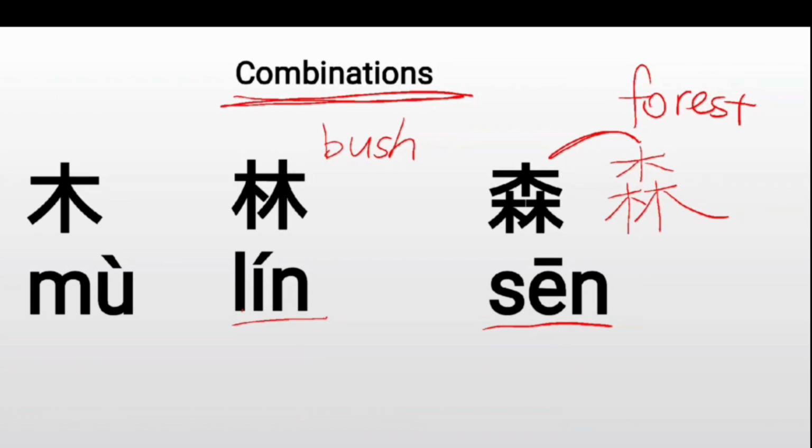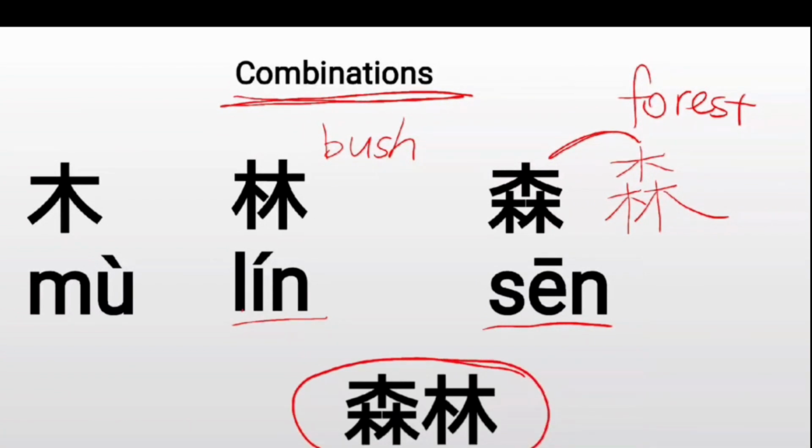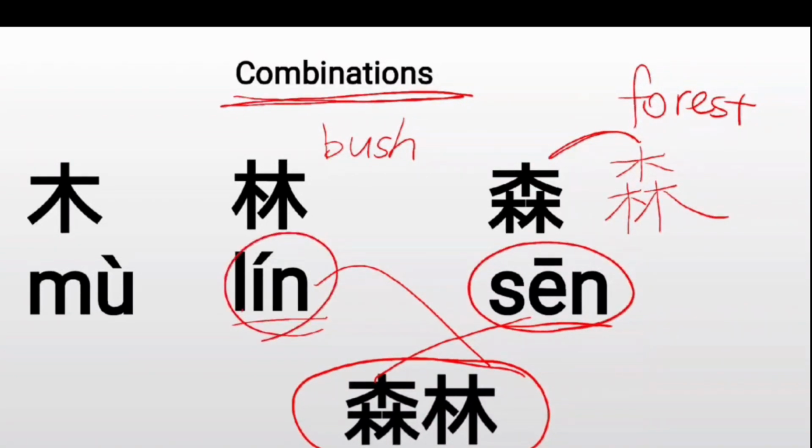So now, see, with my way of teaching, if you come across these Chinese words, you now understand that means forest. And you now can pronounce it sen, lin, sen, lin. Amazing, isn't it? You already can read the Chinese words without saying the pinyin of it.